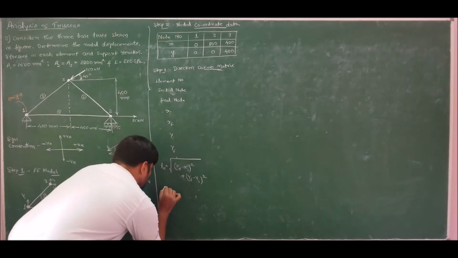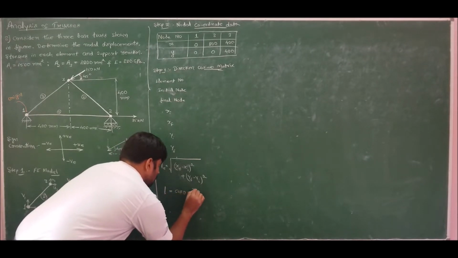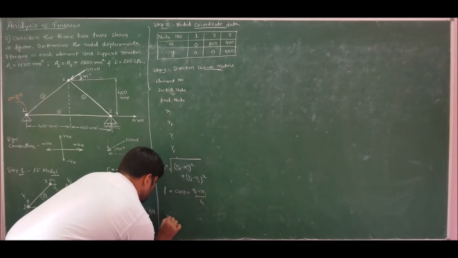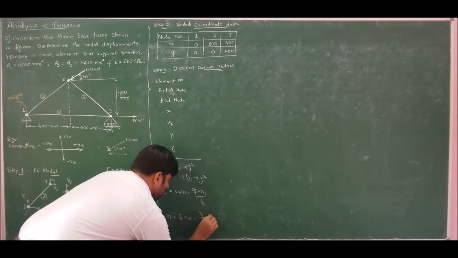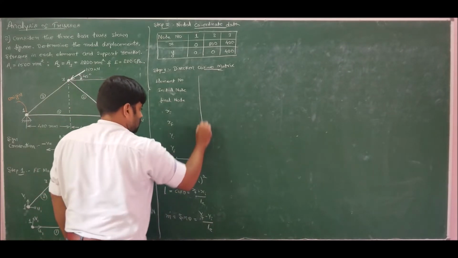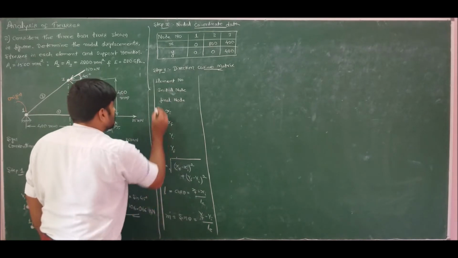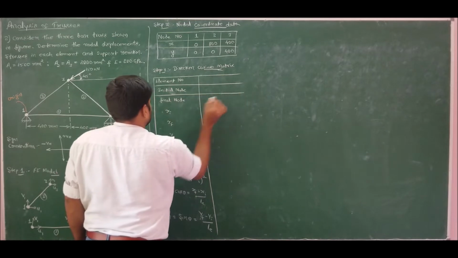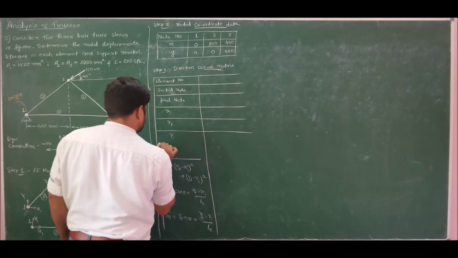Next, coming to direction cosine, L is equal to cos theta, which is equal to x final minus x initial by length of the element, and m equal to sin theta, which is equal to y final minus y initial by length of the element. So if I calculate the values, we have totally 3 elements and also we have only 3 nodes.